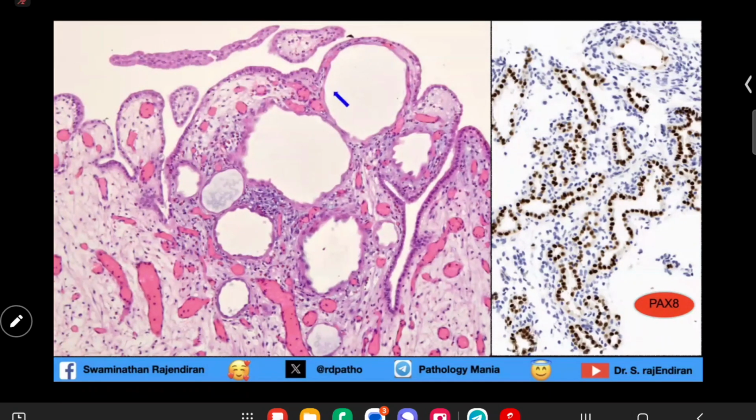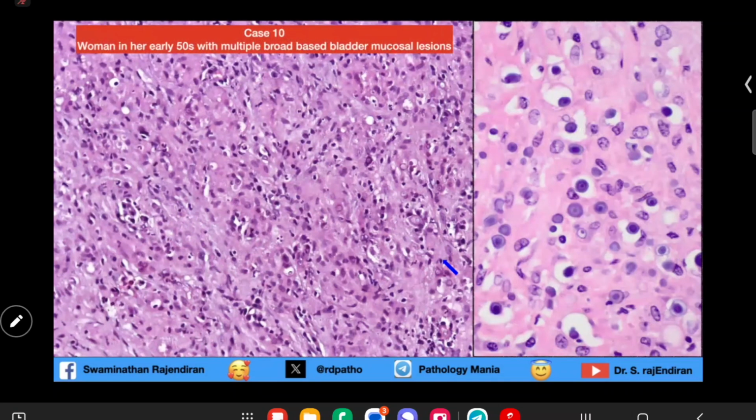And you all know PAX8 is the marker for nephron cells, proximal convoluted tubules. And these cells are positive for PAX8. So this is nephrogenic metaplasia. Previously, they used to call it nephrogenic adenoma, but now they are saying molecularly it is not a neoplasm. It is more like reactive or metaplastic change.